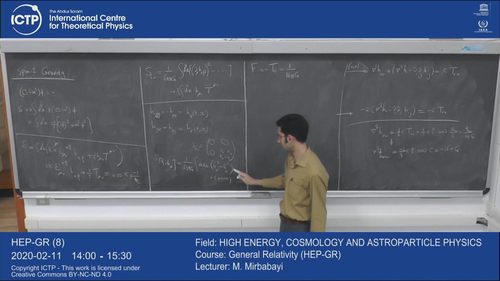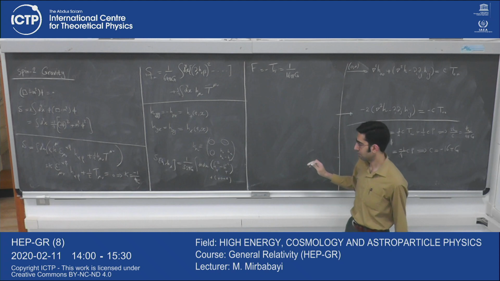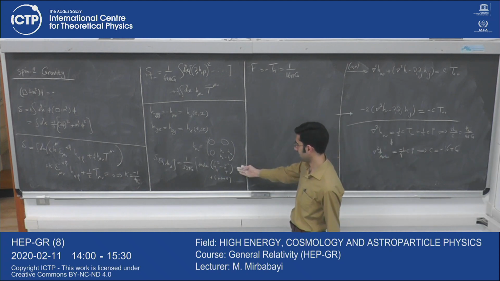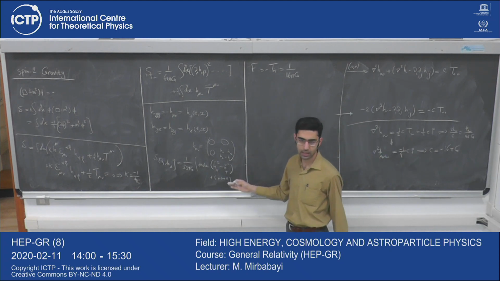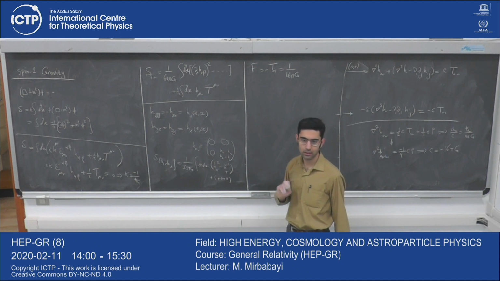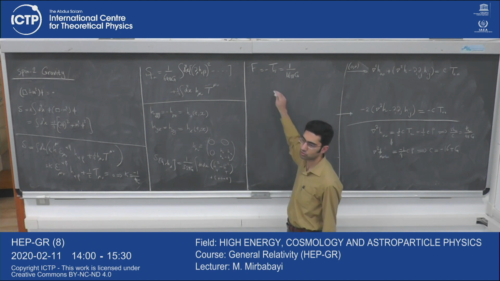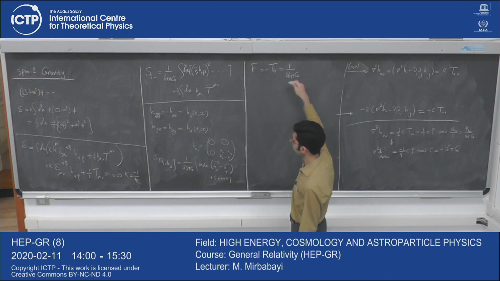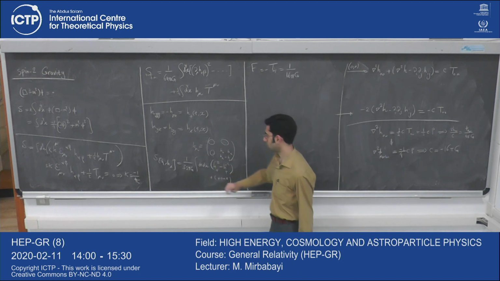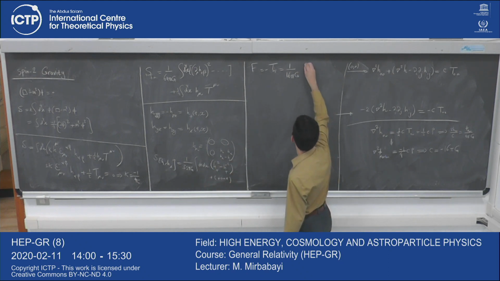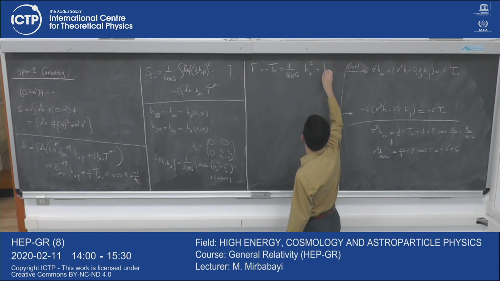Just this h plus and h cross that appear here now have an action which is like the action of a scalar field in two dimensions, for which we can write T mu nu. There is some overall normalization constant, so we get h plus dot squared plus h cross dot squared.